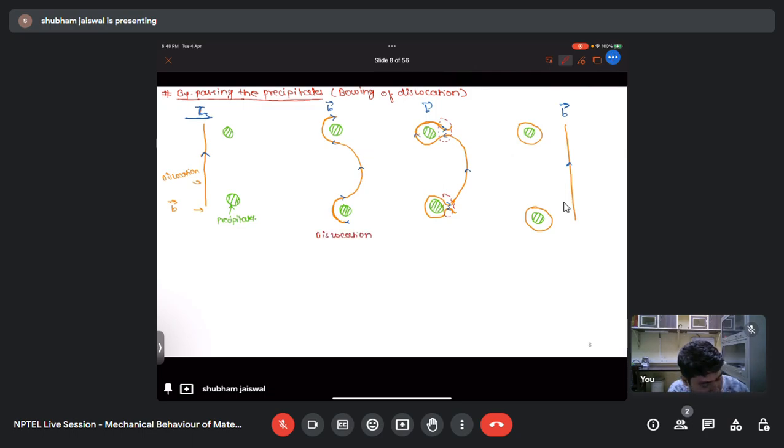Dislocation bows between precipitates. Here, a segment of dislocation with opposite line vector cancel each other, and here the dislocation loop formation is taking place.